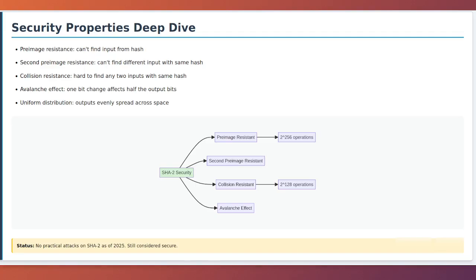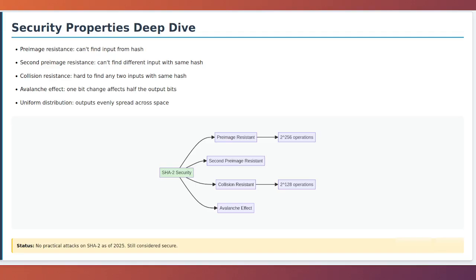It should be hard to find any two different messages that hash to the same value. Due to the birthday paradox, the expected work to find a collision is about 2 to the 128 operations for SHA-256, which is still astronomically large. Property 4 is avalanche effect. Changing even one bit in the input should change approximately half the bits in the output, and the changes should appear random.